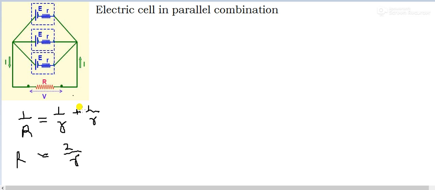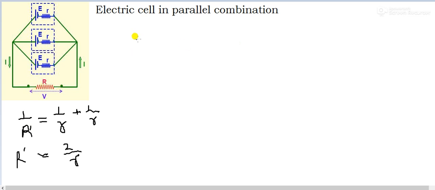Suppose there are 3 cells connected in parallel like this, so the total would be r by 3. When you have 2, the total is r by 2. If you have 3, it would be r by 3. But if you have n, it would be r divided by n, and that r by n is in series combination with this capital R.